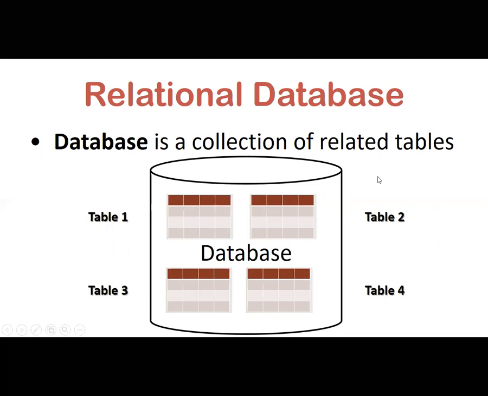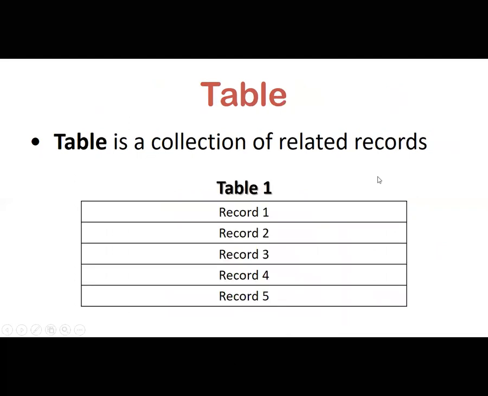The next one, we should identify these parts. First we have the table, the main component of a database. So what does a table mean? A table is a collection of related records.